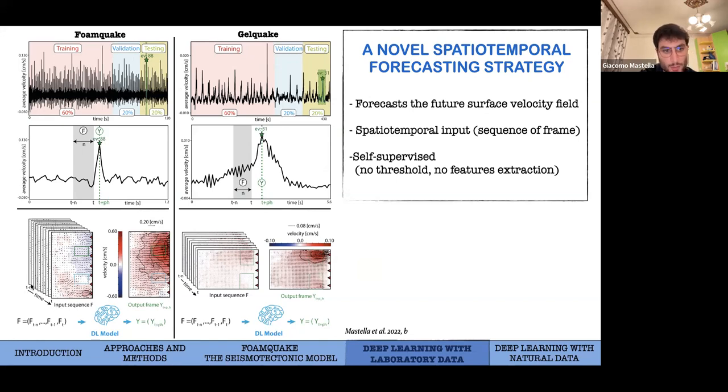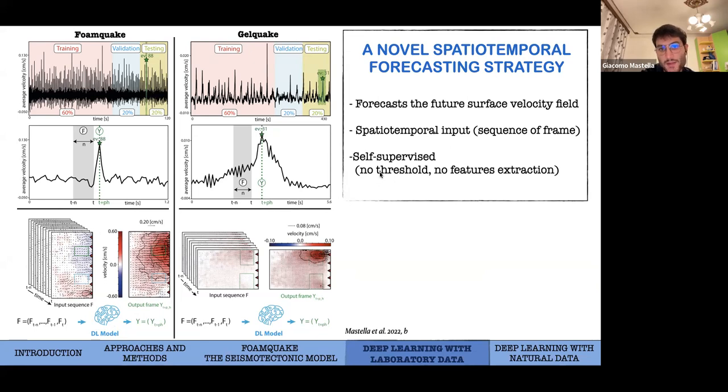There's a spatiotemporal input, a sequence of velocity frames in the past, from the time t minus m to the time t, which is used as an input to train the deep learning model to forecast only one frame in the future, at a time t plus ph, where ph is the prediction horizon. So how far are we predicting the future? In the context of predictive learning, this is called a many-to-one framing, where you have a sequence of frames in the past and only one output in the future.